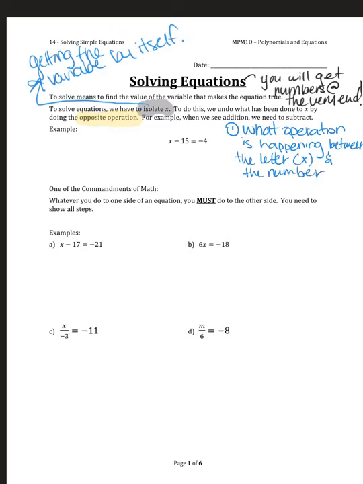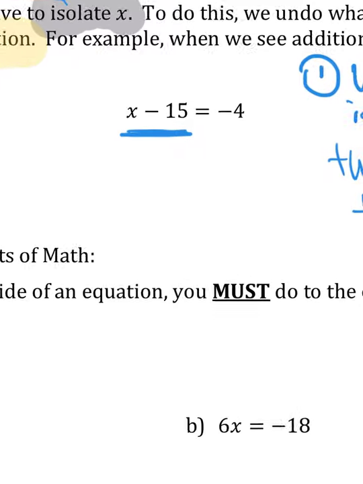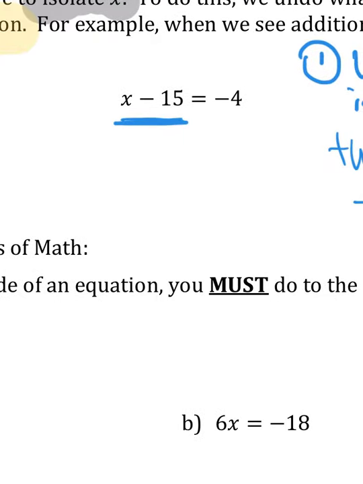So if I'm looking at this, what's happening between x and minus 15 here? Just going to zoom in a little bit so that I have more space. Okay, so what's happening between my x and my 15? We said that that's negative, so that's subtracting.